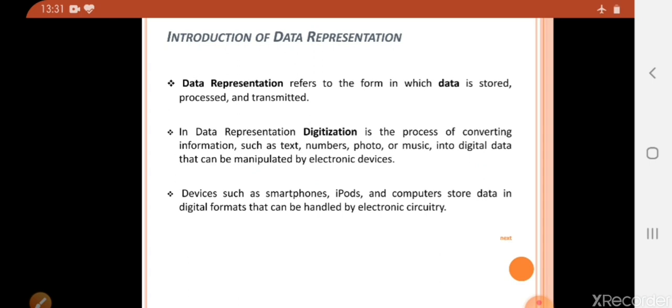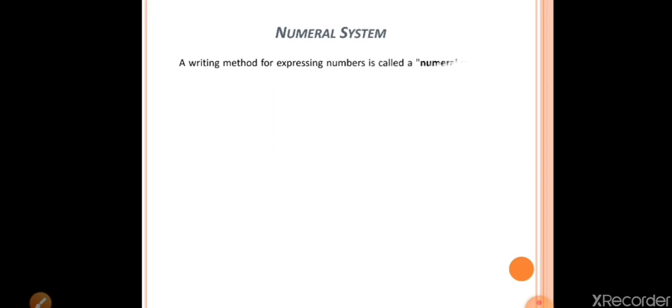Now the next topic we will deal with is the numeral system. Numeral systems, or numbering systems, or simply number systems, are a way of representing numbers by a finite set of distinct graphic symbols or signs.